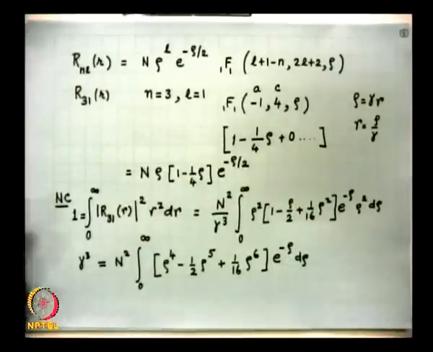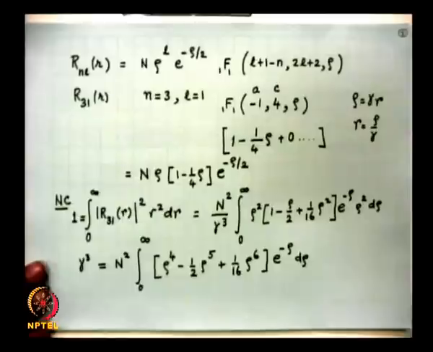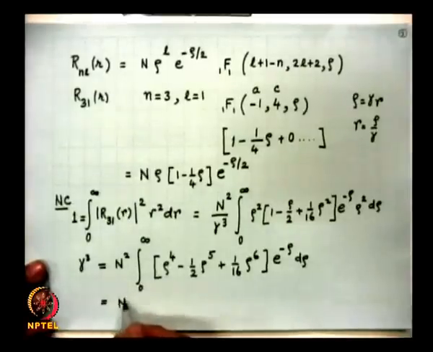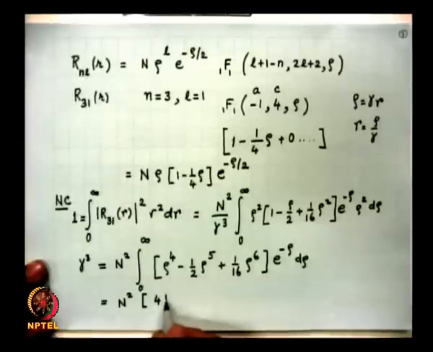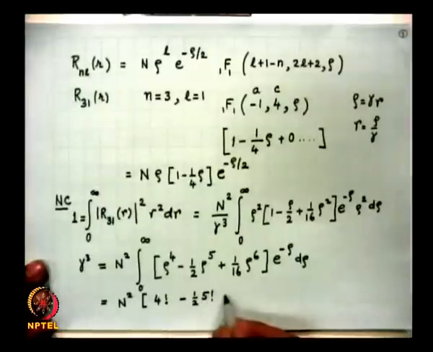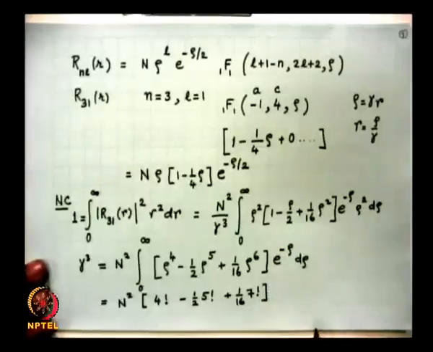The integrals are very straightforward. They can be written in terms of gamma functions. So, this is equal to N square brackets gamma of 5, which is 4 factorial, minus half of 5 factorial plus 1 over 16 of 6 factorial, and that is it.